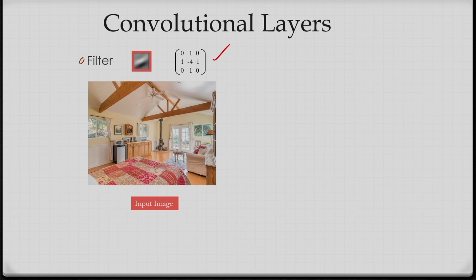For this I have to move the filter over the image and determine the convolution outputs. For each and every pixel I have to do the convolution, so for all the pixels of the image I have to determine the convolution.